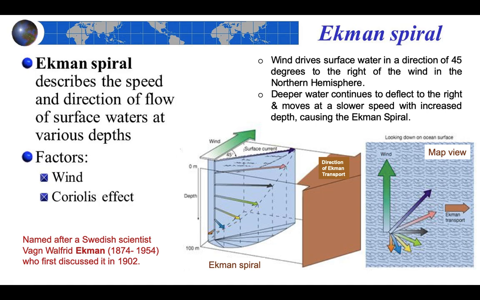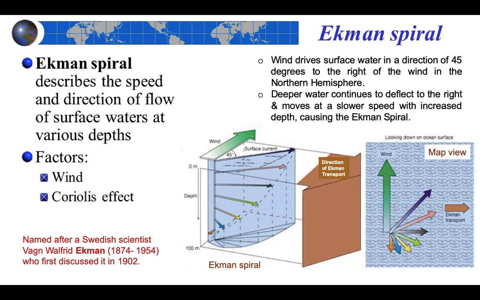You have the prevailing wind blowing in this direction, as the green arrow shows. And anything at the surface of the ocean, like the water, starts moving in a direction about 45 degrees to the right of this prevailing wind direction in the northern hemisphere. And this is strictly an artifact of the Coriolis effect.